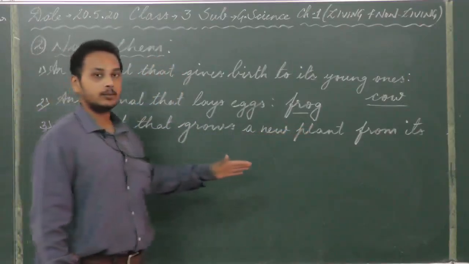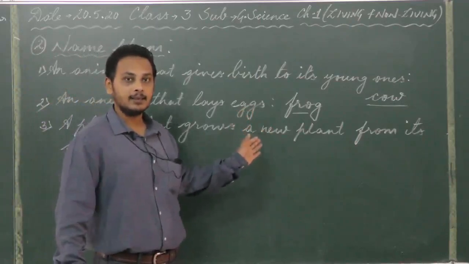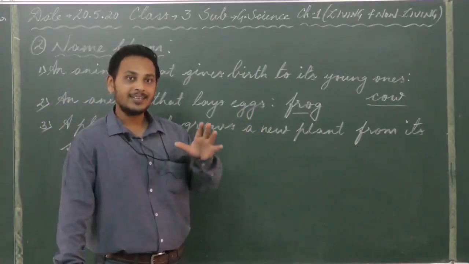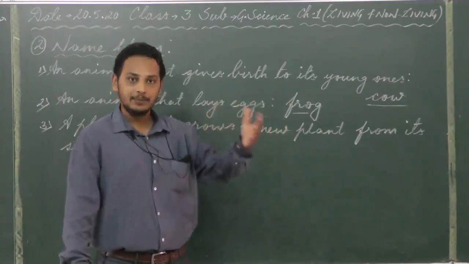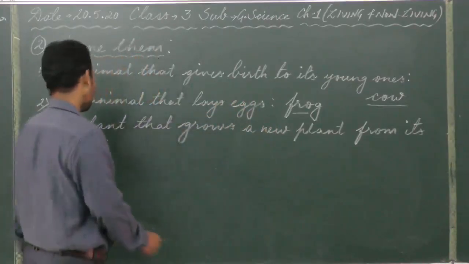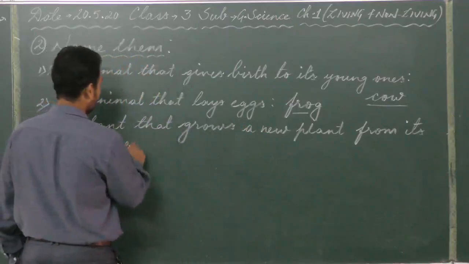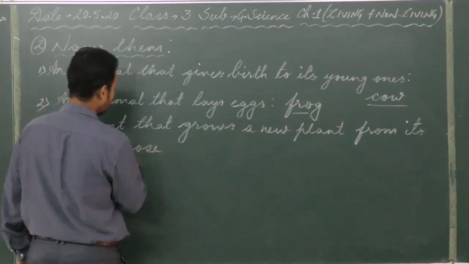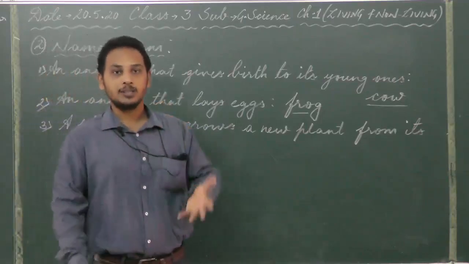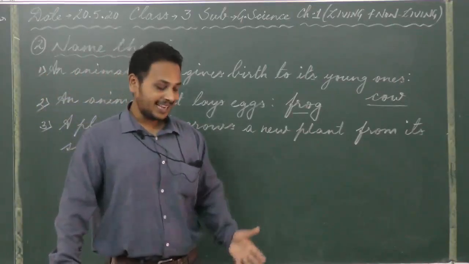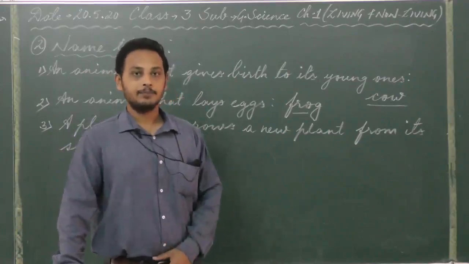As I gave you the answer in the previous exercise, there are some plants that can grow from its stem, from the stem of another plant or of the same plant. So the answer can be here rose. The rose flower, the plant, the rose tree actually, it can grow from its stem.